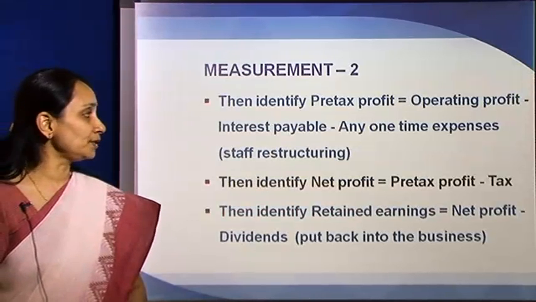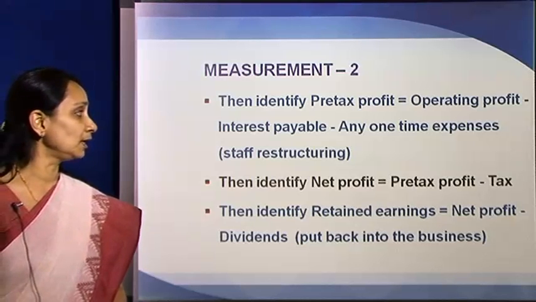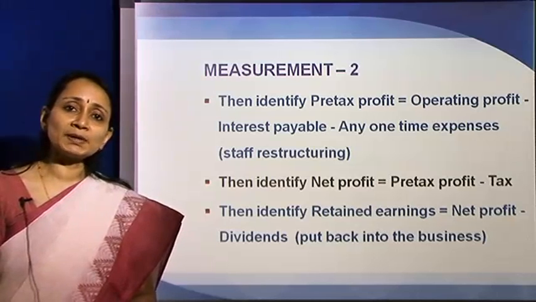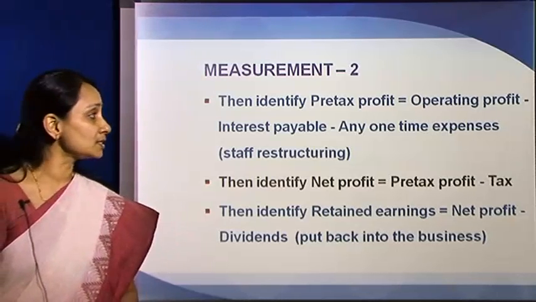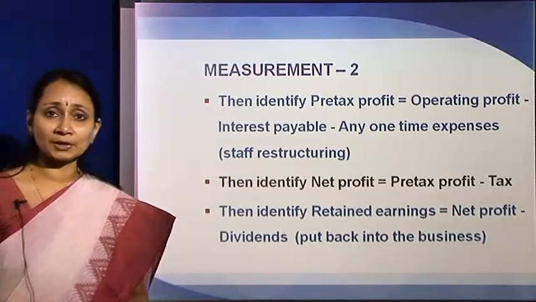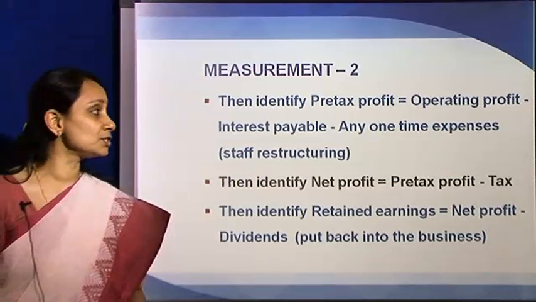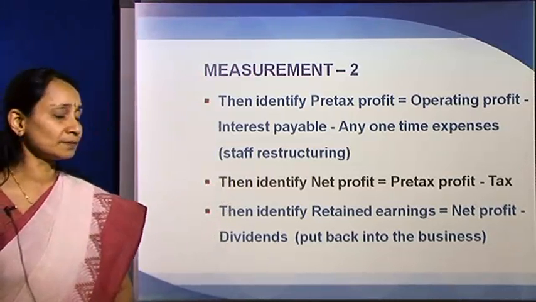Now, from the operating profit, we reduce interest payable and any one-time expenses. Interest is payable because a company takes debt. It has borrowings for conducting its business, and these borrowings come with a cost which is interest. Now, what are these one-time expenses?